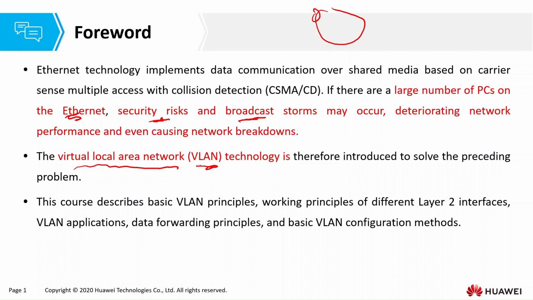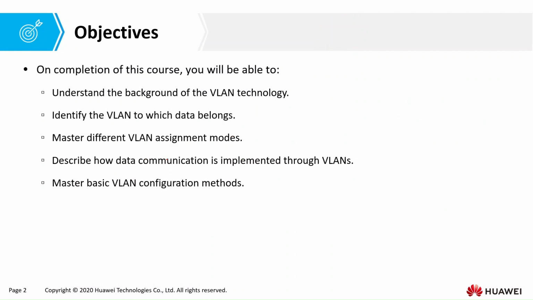On this topic, we are going to study the fundamental concept of VLAN, virtual local area network. You will understand the overall VLAN technology, and how we differentiate the frames that we receive for different VLANs.